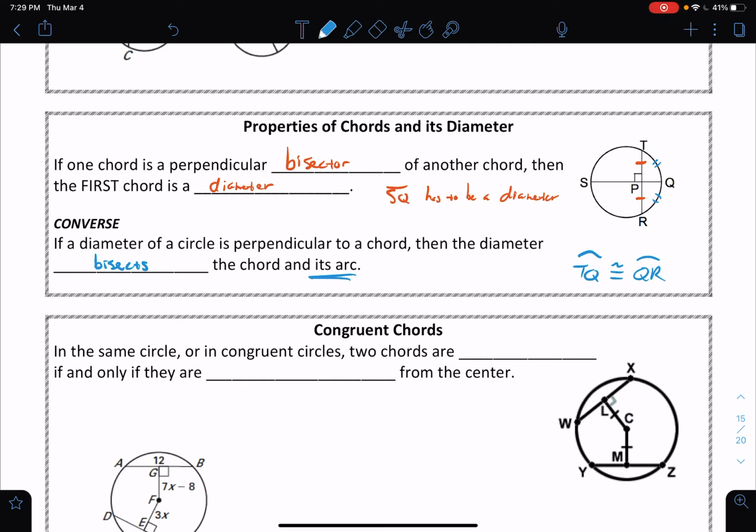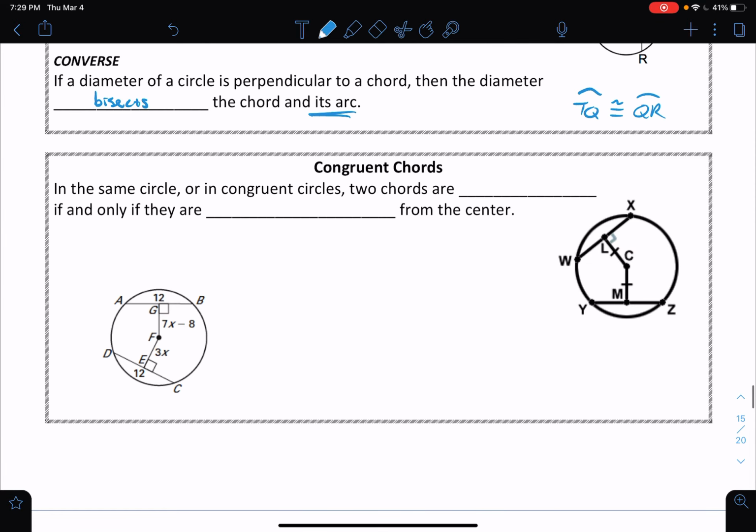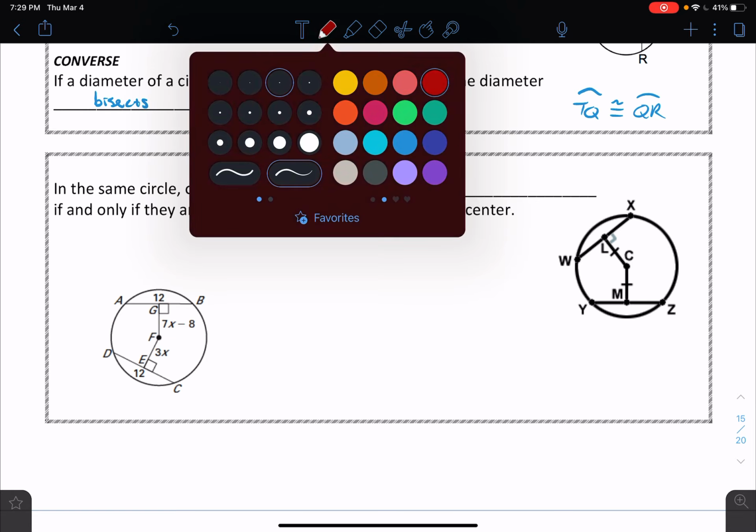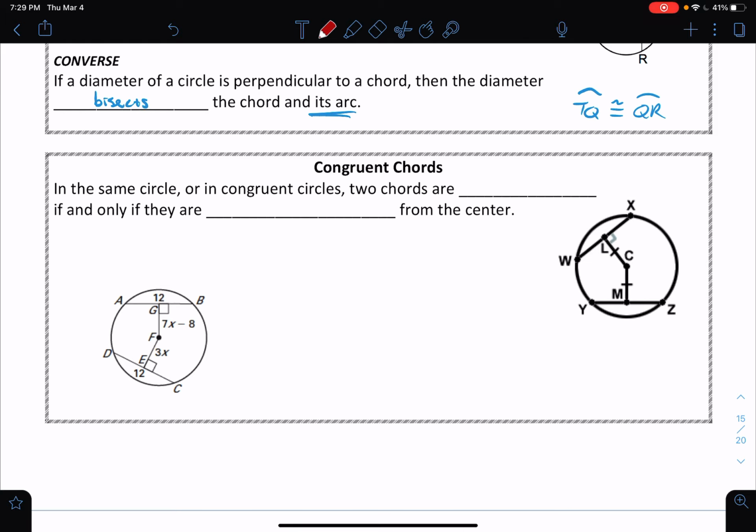All right, next relationship deals with congruent chords. In the same circle or in congruent circles, two chords are congruent if and only if they are equidistant from the center.